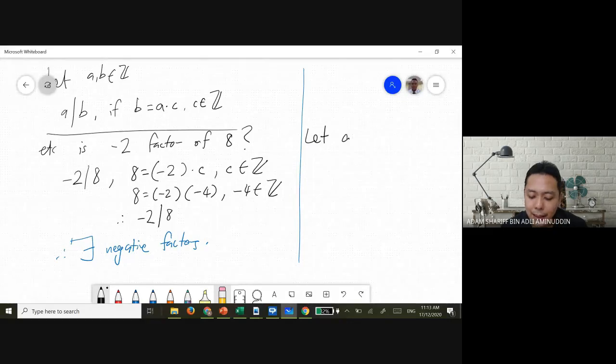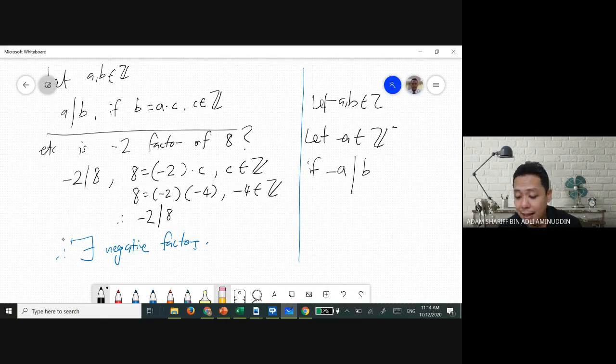let A be a negative integer. So katakan if negative A divides B, ni untuk keseluruhan nombor, let A be integer dan negative A sebagai negative integer.